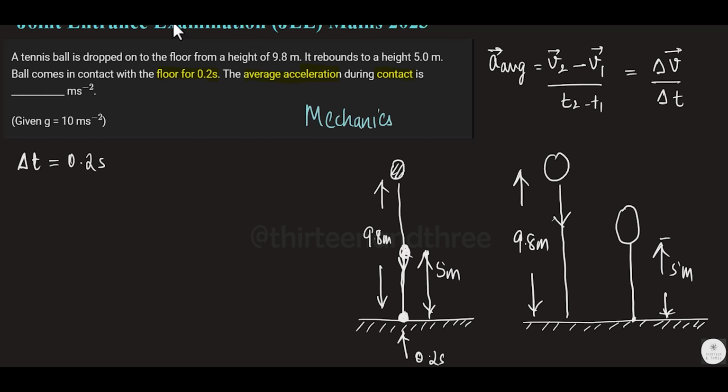When the ball is initially dropped from a height, its initial velocity is 0. It will hit the floor with the velocity v1 and it will rebound from the floor with the velocity v2. This contact is for delta t, that is 0.2 second.